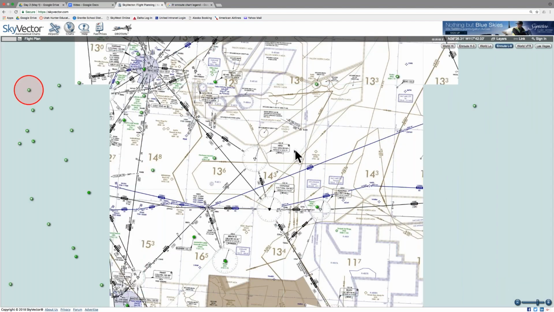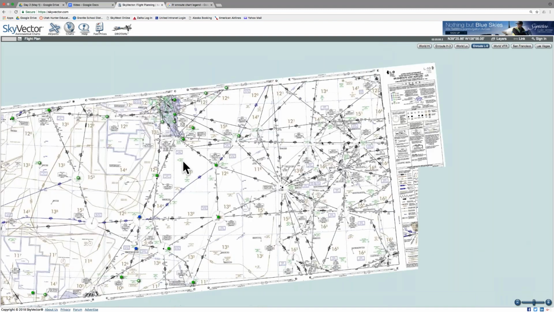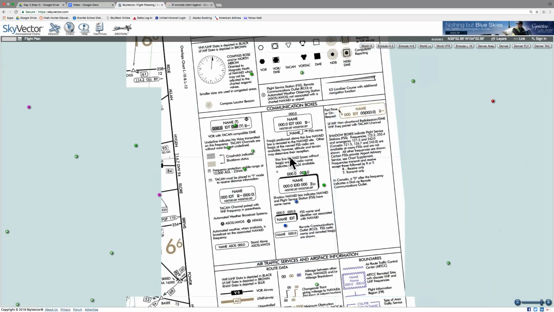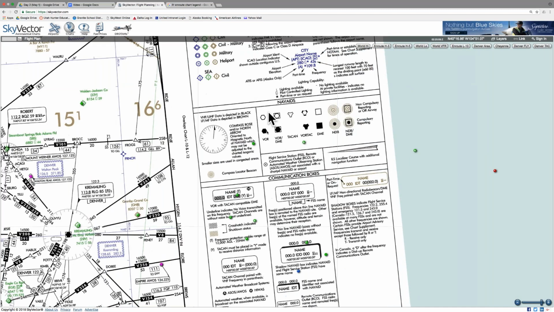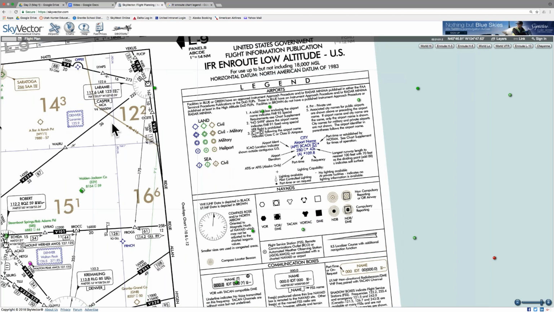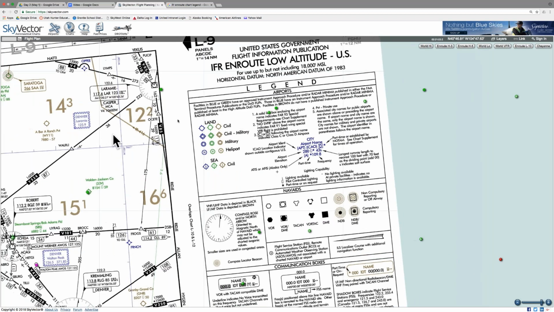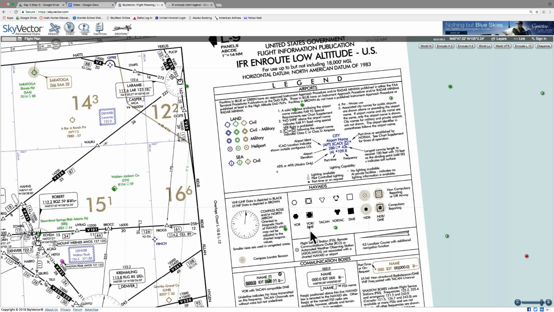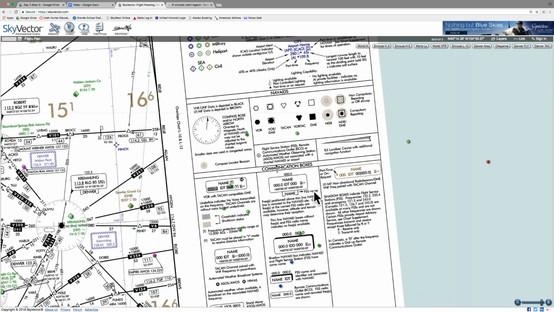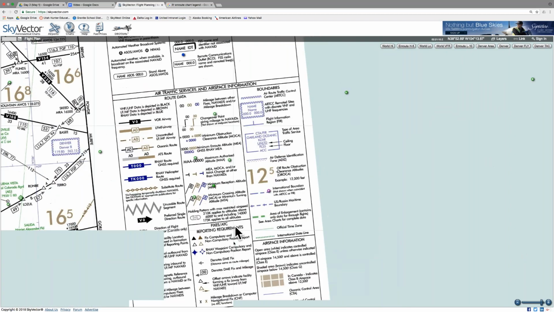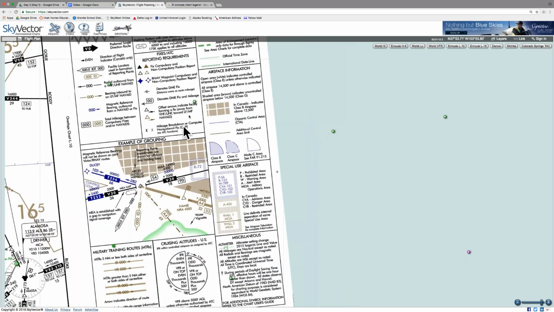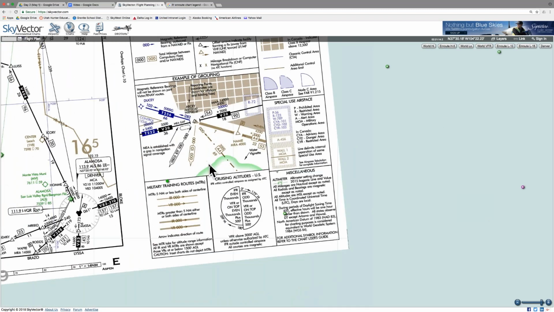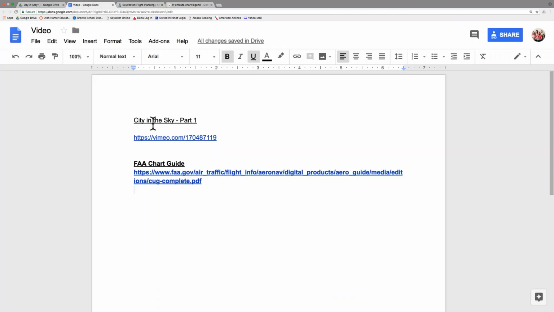It'll pull up the actual chart, and it will help you as you're going through and looking at these charts. You can actually refer to the legend here on the side, and it'll help you identify the different things that you're seeing. But as far as study guides, that's kind of what we have.